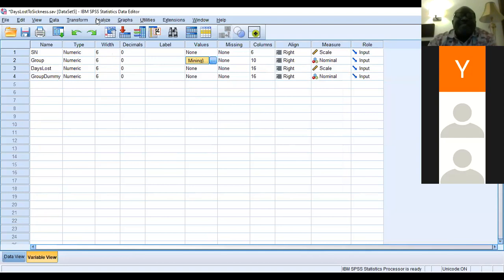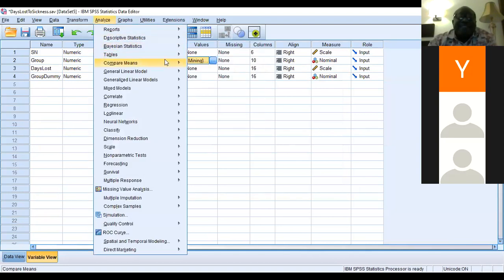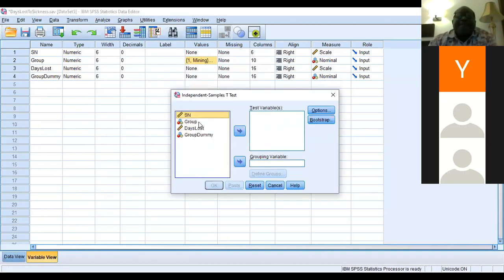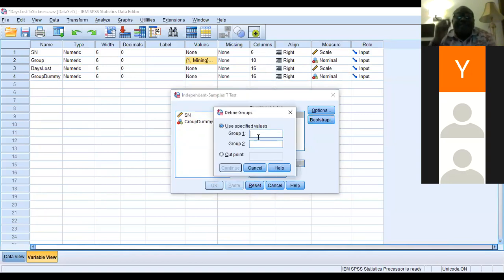When you are now doing your T-test, it now asks you. You have to type mining. What to enter there, you have to type mining and construction. So that's why it makes it easier when you code everything, you enter as numeric.